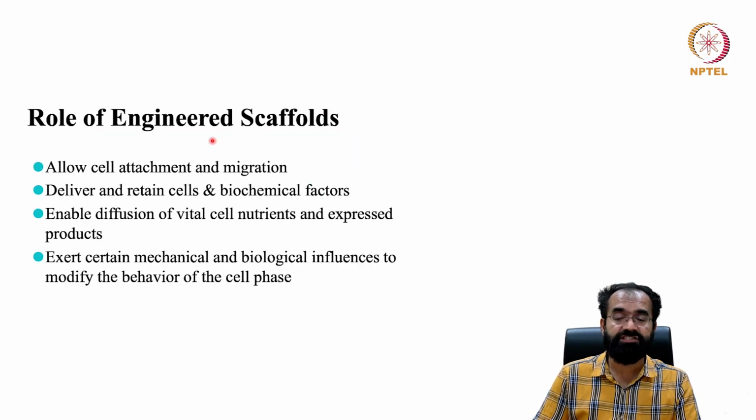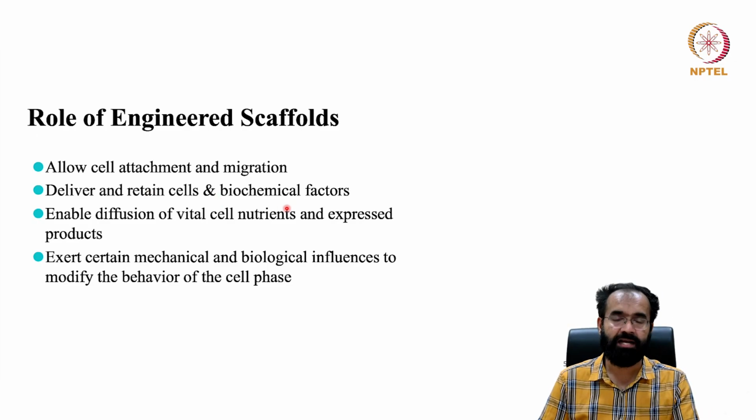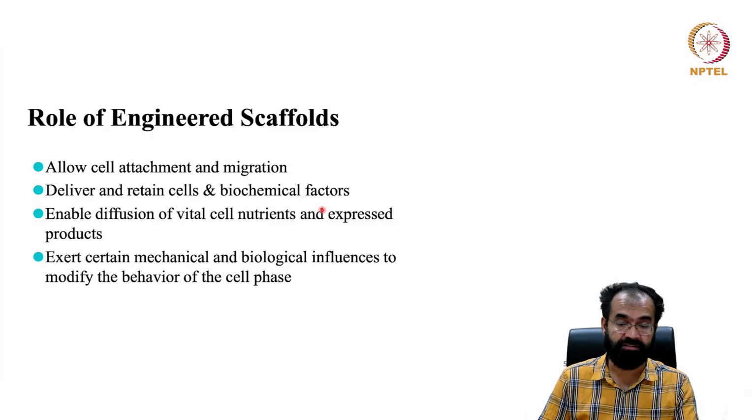So, roles of engineered scaffolds. How engineered scaffolds contribute and function. They allow cell attachment and migration, because the scaffold should be friendly to the cell so that it can attach and migrate. They deliver and retain cells and biochemical factors, and enable diffusion of vital cell nutrients and expressed products.